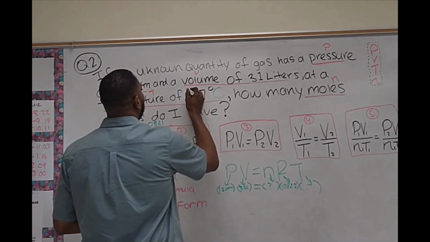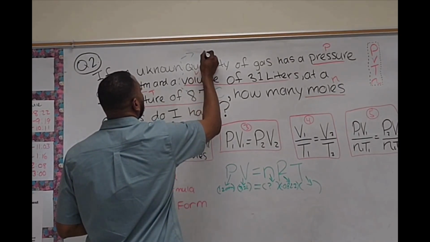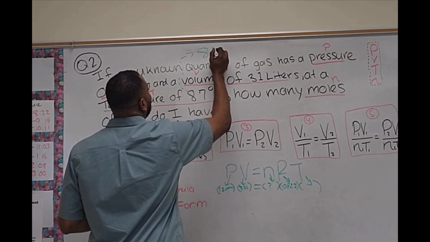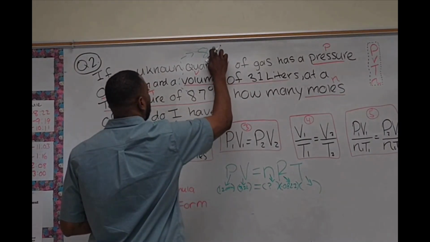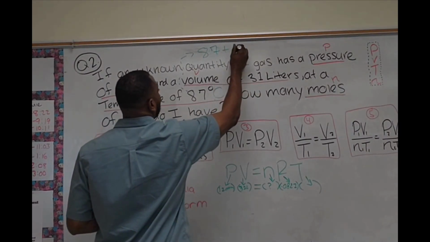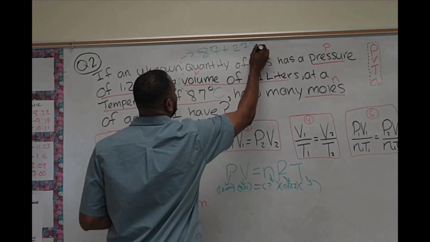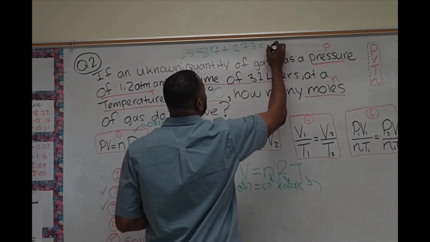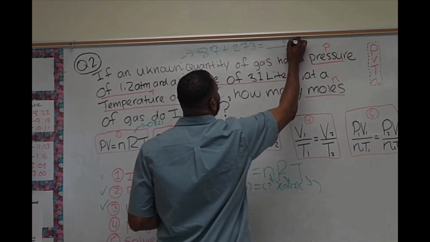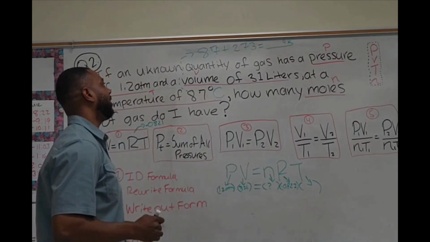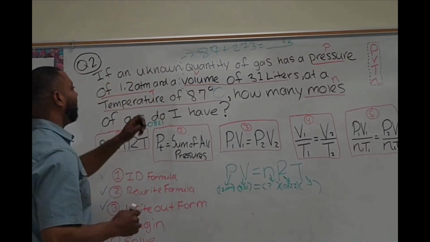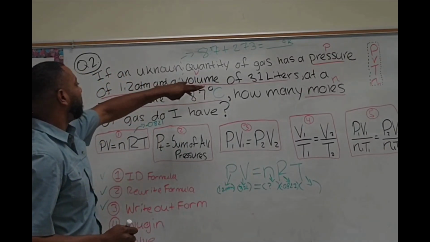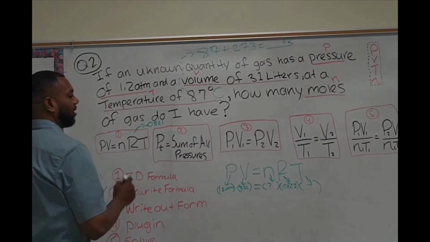So I'm going to take this 87, and I'm going to say 87 plus 273, okay? And whatever that gives me, that's going to be my K, my Kelvin, and I can then plug that in. All right, I'm gonna do this math on the spot with you guys. No, I'm not.